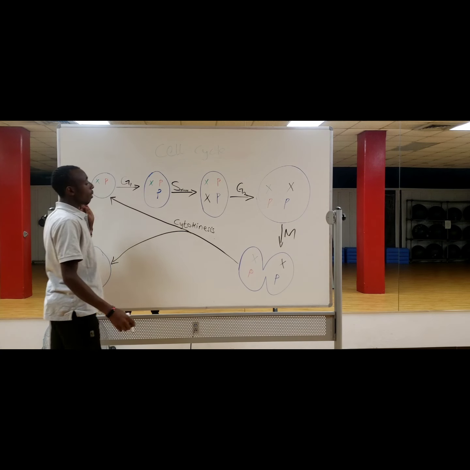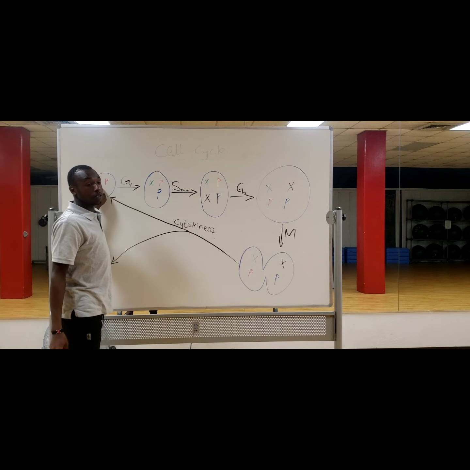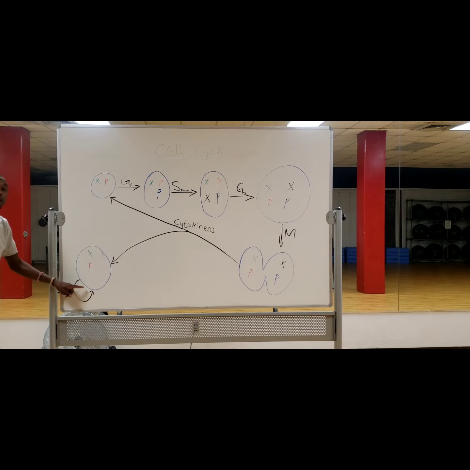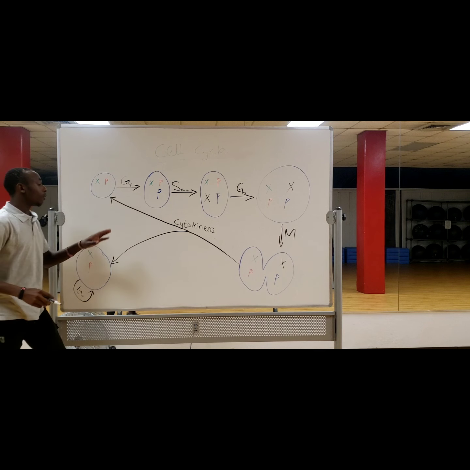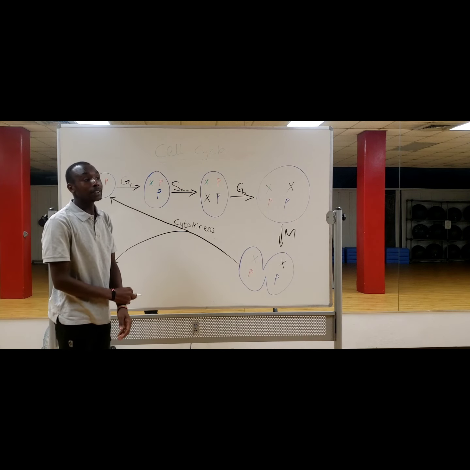The new cell can go to restart the cell cycle, or can come to this process called the G0. The G0 is the phase whereby the cell can just go into a resting position.